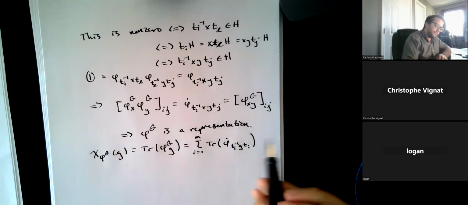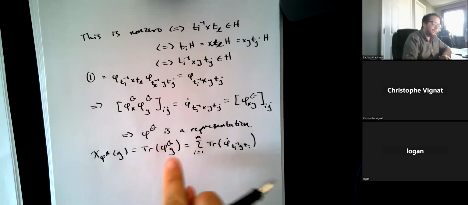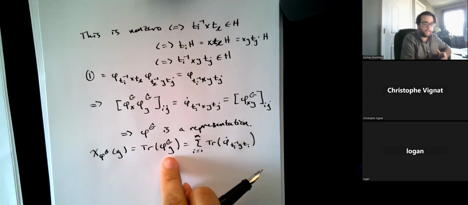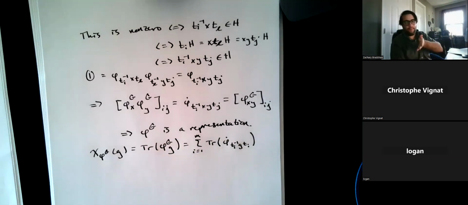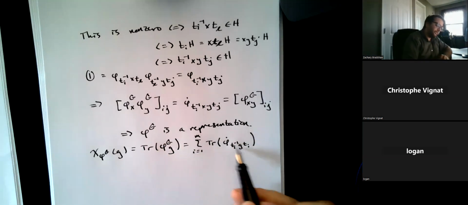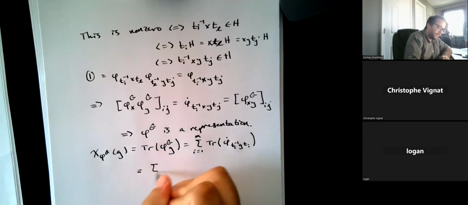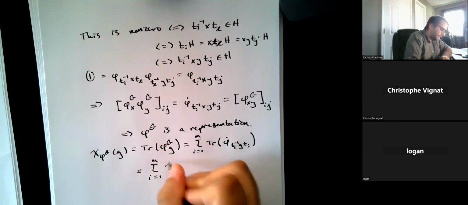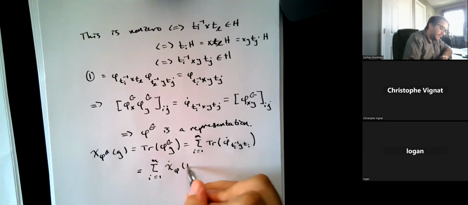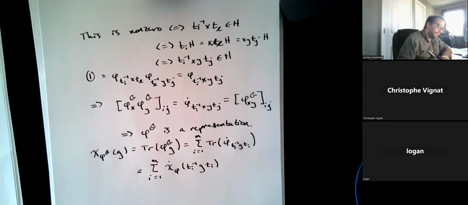This thing is a matrix, right? So the trace of the larger matrix, which is the induced map, is the trace of all the things down the diagonal, which are these guys, which is the sum from i equals 1 to m of chi phi dot t_i inverse g t_i.